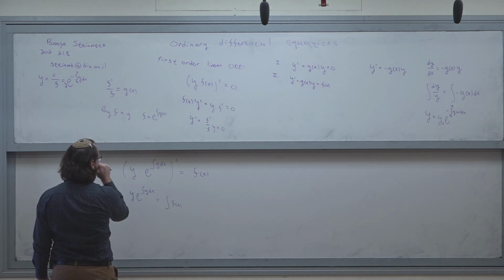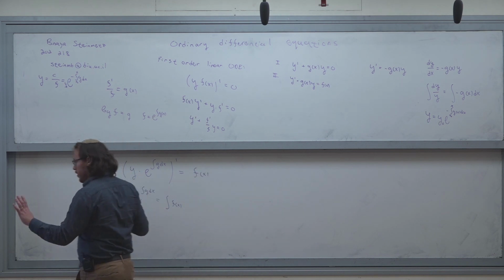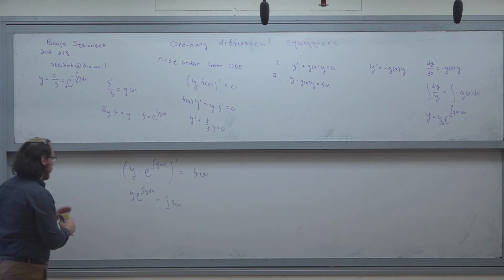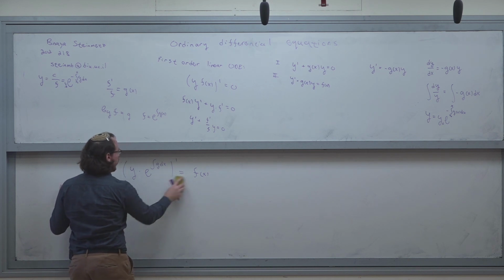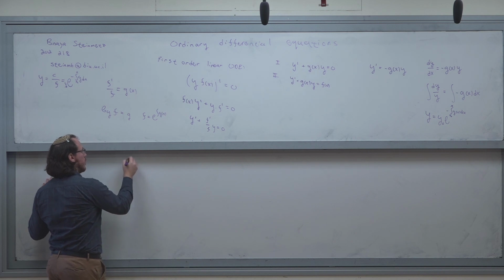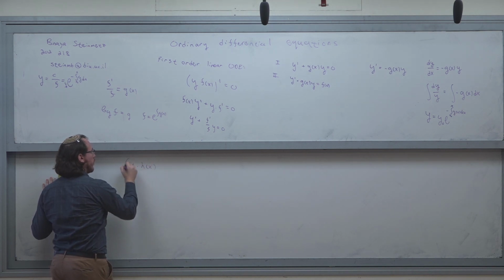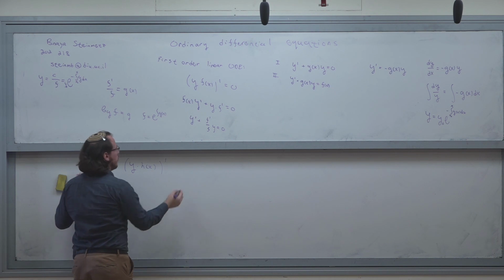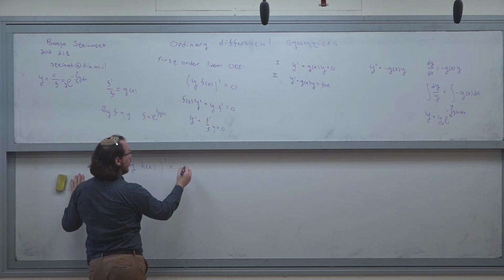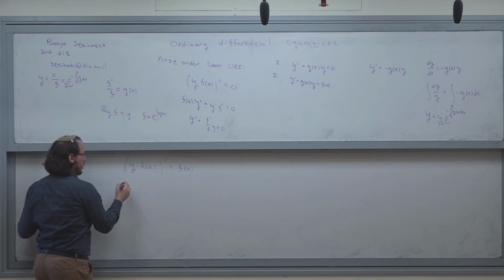Another thing, I cheated a bit, so let's do it properly. We want y times some h of x, prime, to be equal now to f of x.